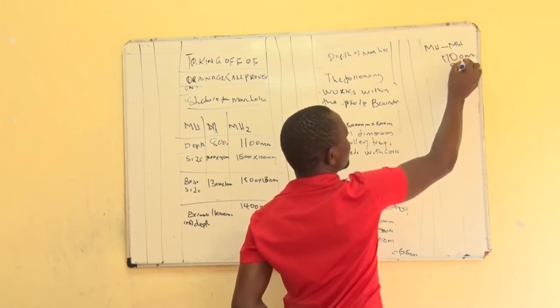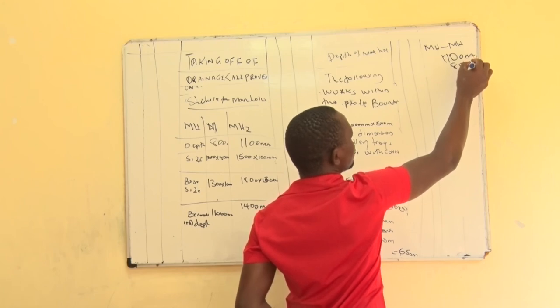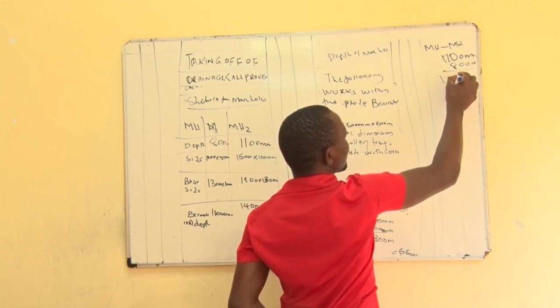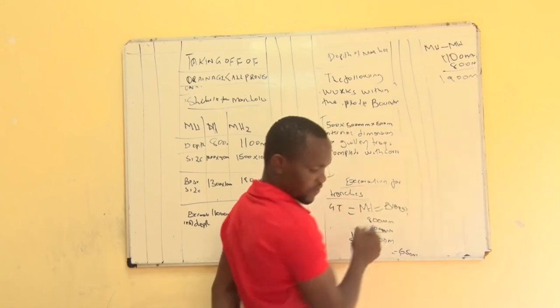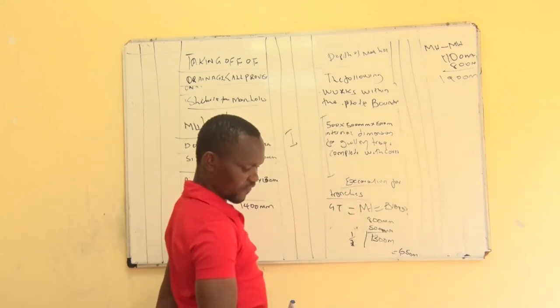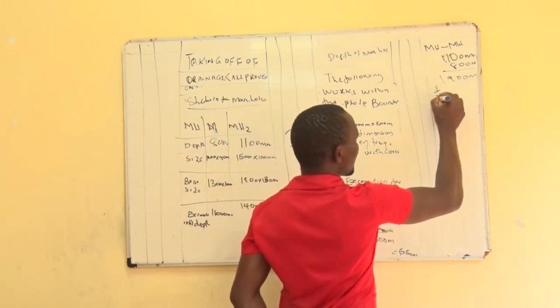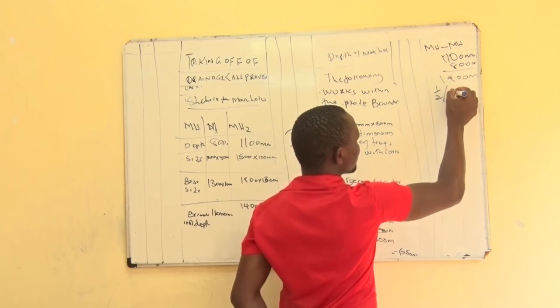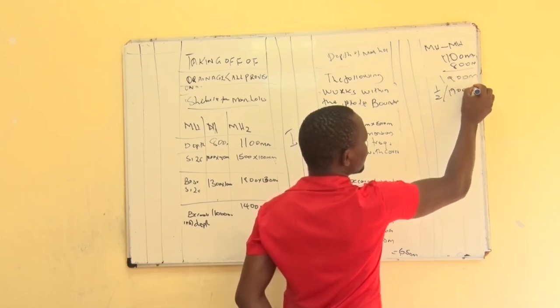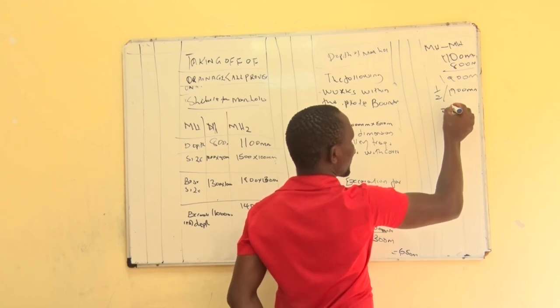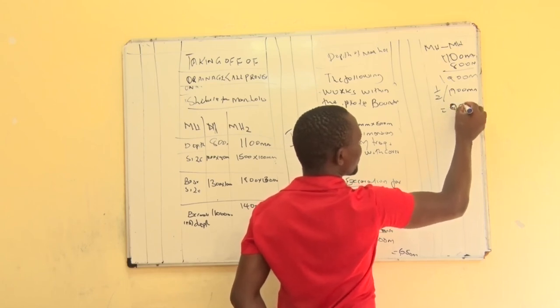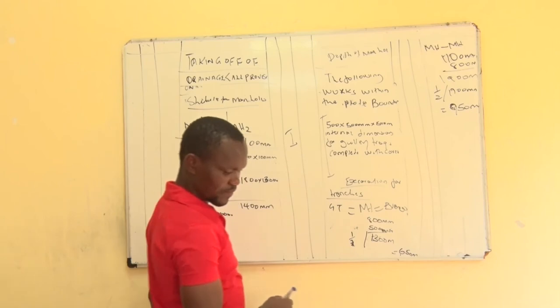Then we had the depth of manhole 1 to give us 1900 millimeters. But now the average depth will be half of that. So half of 1900 millimeters gives us 950 millimeters as the average depth.